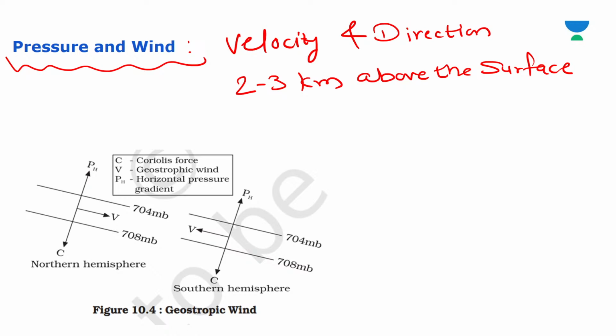So when isobars are straight and when there is no friction, the pressure gradient force is balanced by the Coriolis force and the resultant wind blows parallel to the isobars.